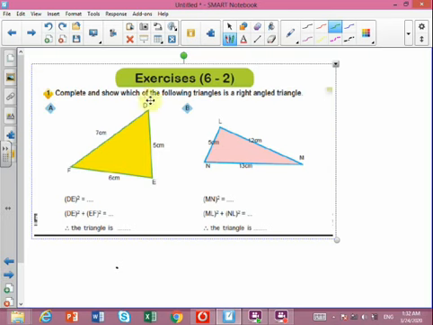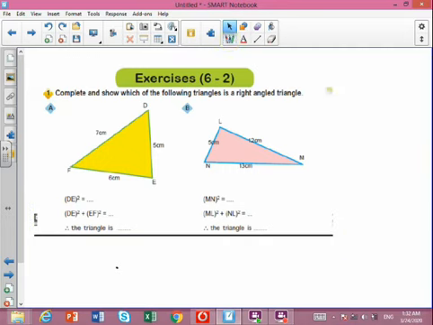Here, exercise 6.2 in your book. Complete and show which of the following triangles is a right angle triangle and which is not. Okay? Let's see. Number A. This is the F, not the E, by the way. This is a mistake. I have the three sides as you see. To determine whether it is a right angle or not, I must have the three sides. DF square, which is the longest one, 7. So 7 square equals 49.